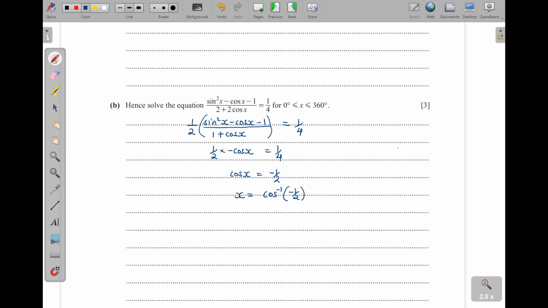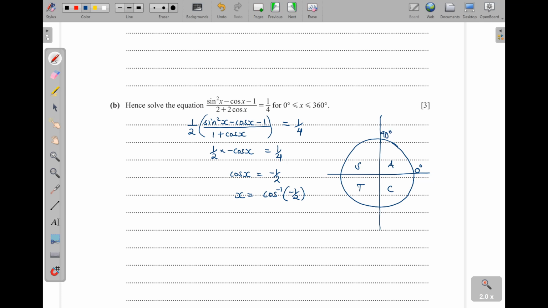When you put this in the calculator straight away, it will give you the obtuse angle, which is 120. But you don't have the other answer. Since they are saying from 0 to 360, we have to look at all 4 quadrants. In the first quadrant, all of them are positive.